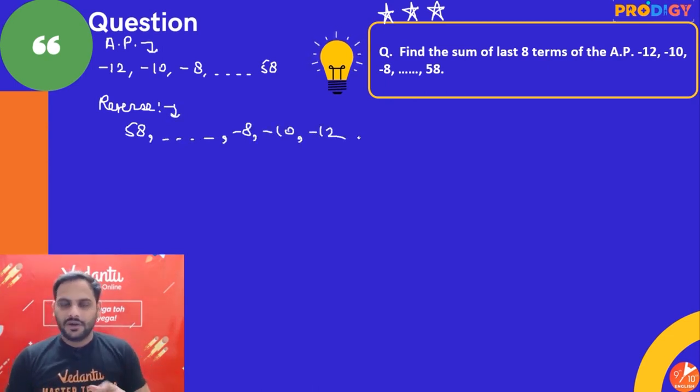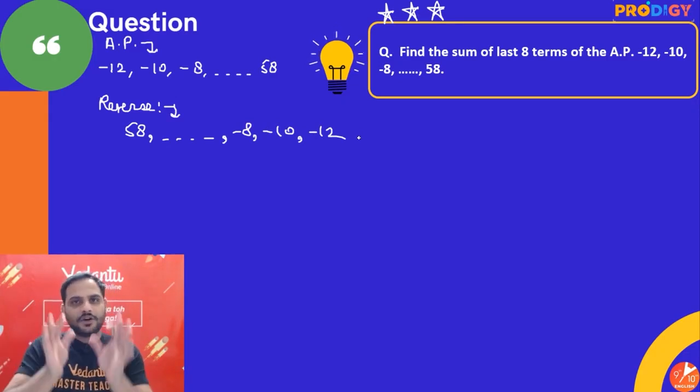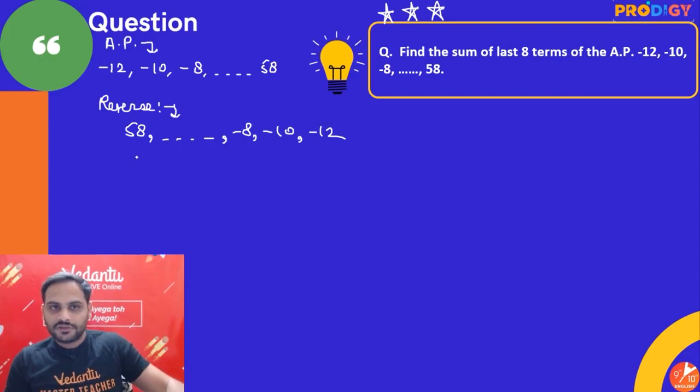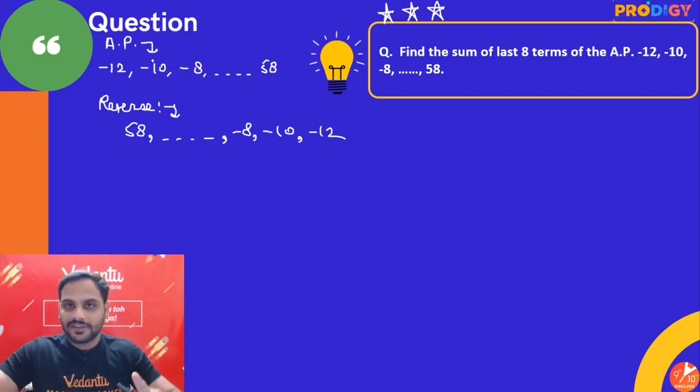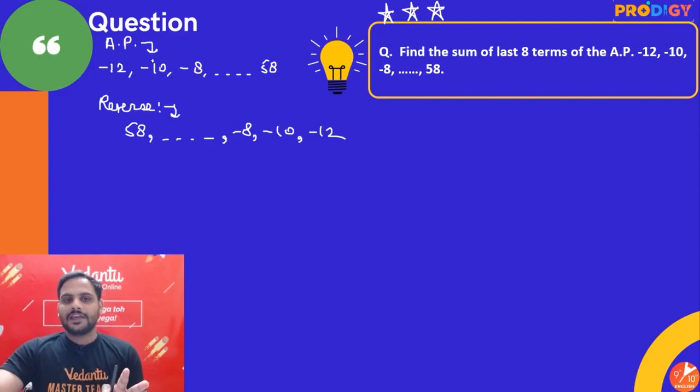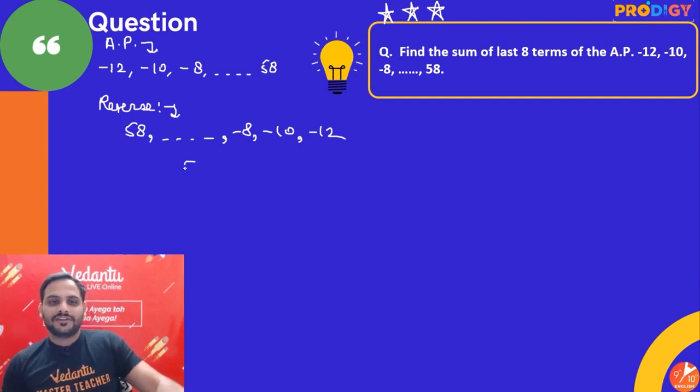Even if I reverse the AP, it is still an AP. So the sum of the last terms of the original AP is the same as the sum of the first terms of this reversed AP. For this reversed AP, A is 58.